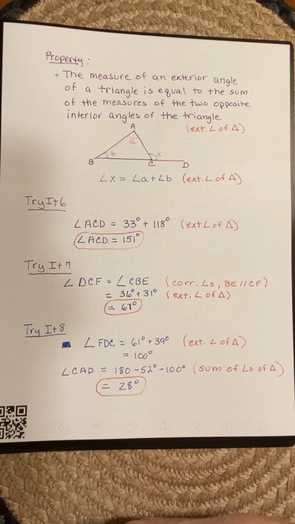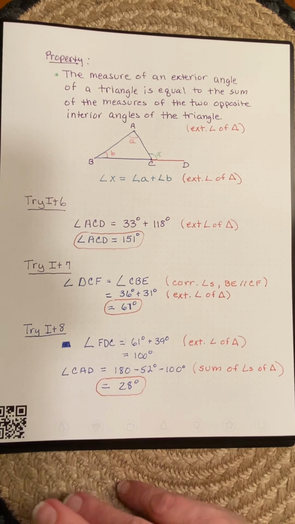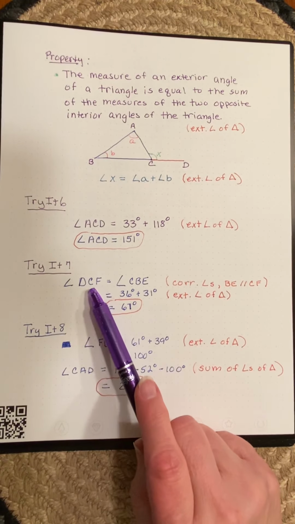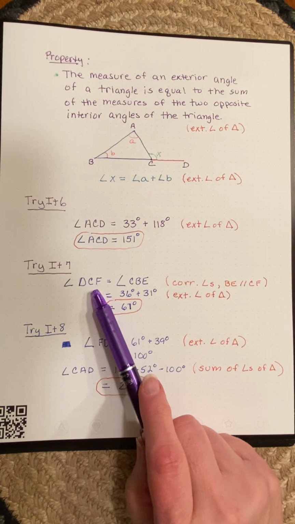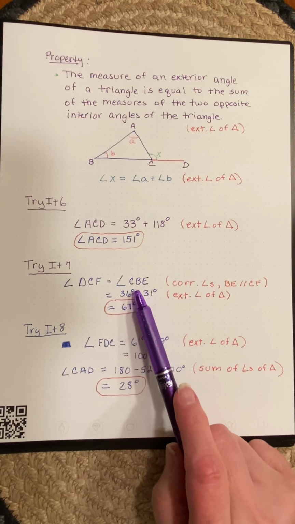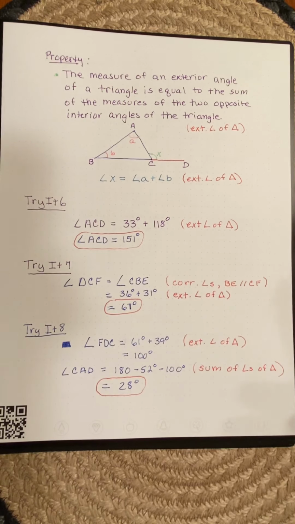And that's very key because angle DCF, which is that exterior angle, is going to also be equal to angle CBE. And we can say that because they are corresponding angles because of those two parallel lines, okay?